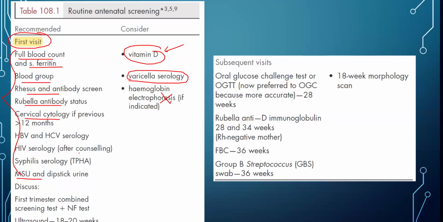After that, ideally everyone should be advised to get a Down syndrome screening. There are several Down syndrome screenings that we will discuss today. There are a few tests that we do in the first trimester, and a few tests that we do in the second trimester.